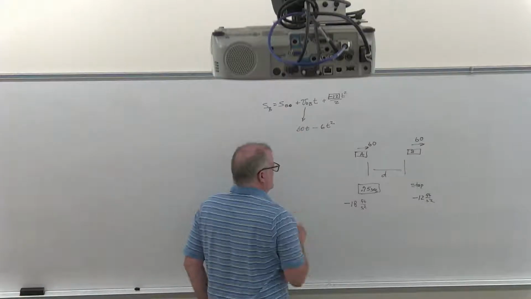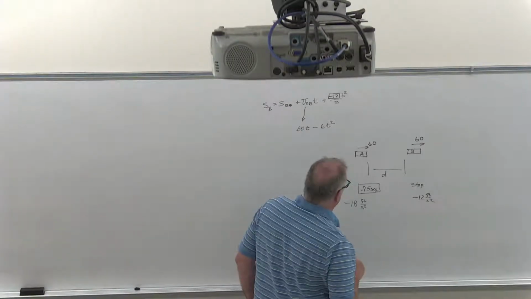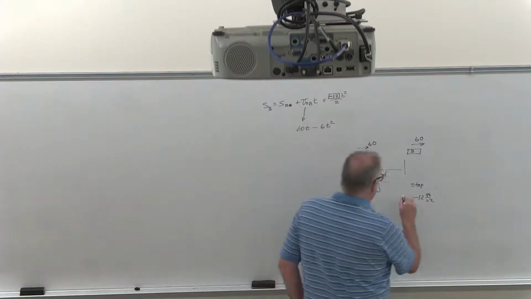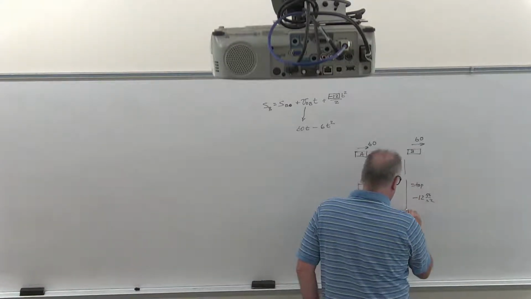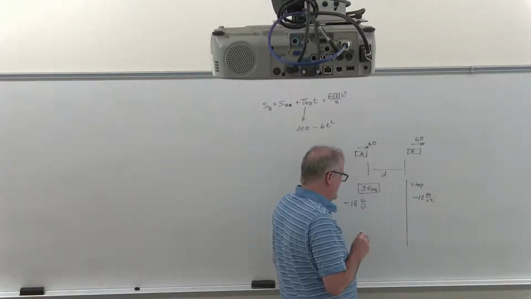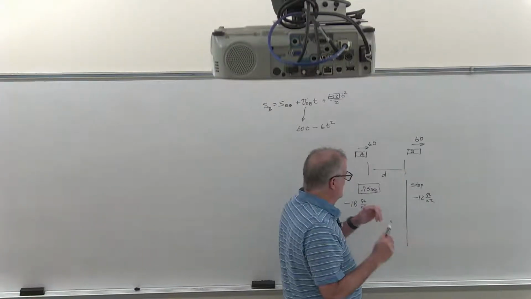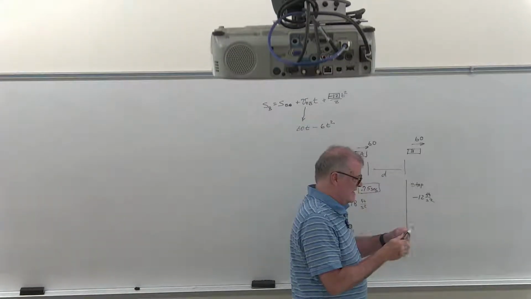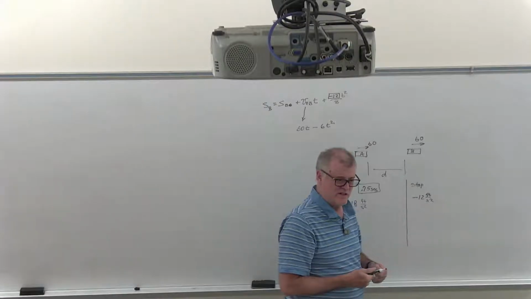Now what I'm going to do, and this is something that you have to kind of figure out. It seems weird, but the instant the guy started decelerating, somebody has to have a coordinate system.